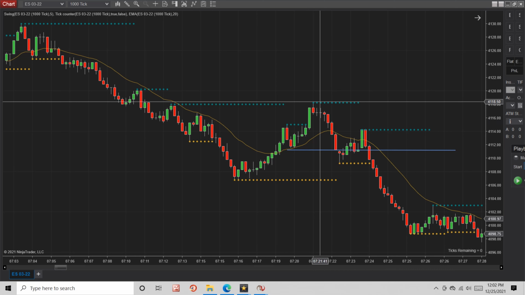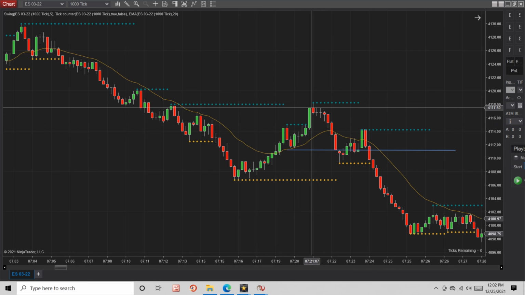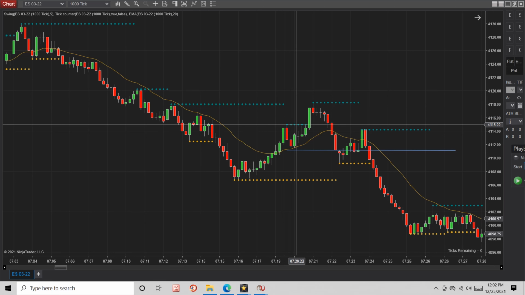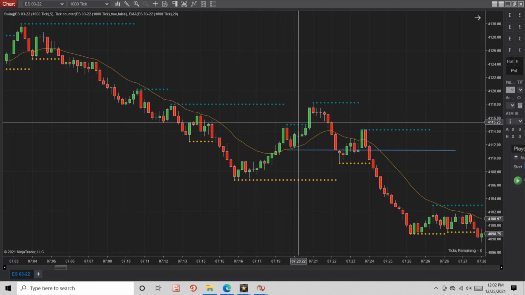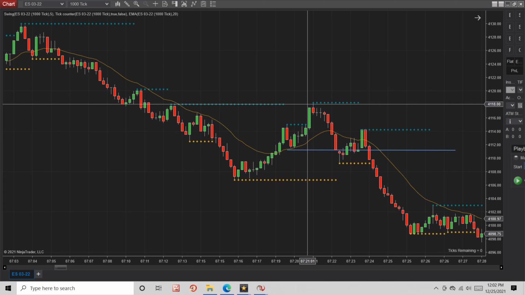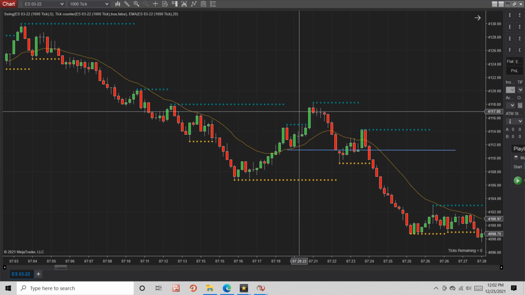If that happens, you can also take a trade, either this one or the one I just stated. And the last one is the difference between the first top and the second top is less than the difference between the second top and the third top. If this happens, you can take one. Only one of the three requirements I just stated has to be met for us to enter a trade.